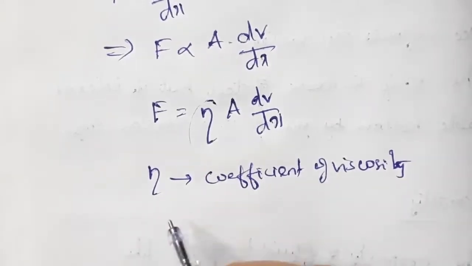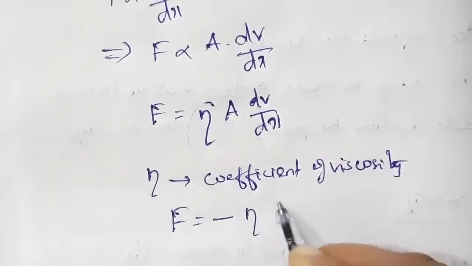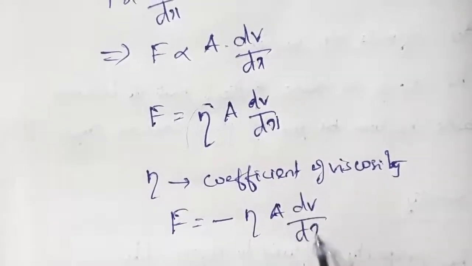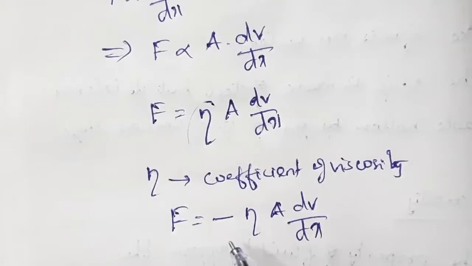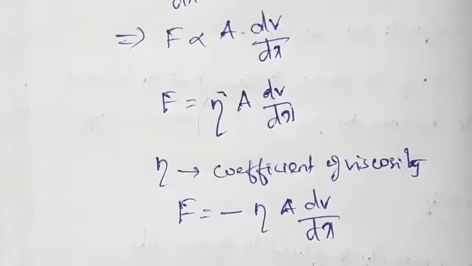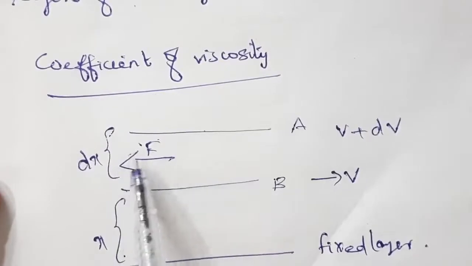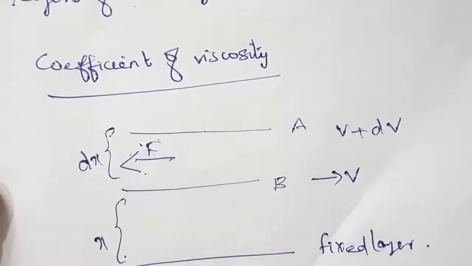When you are writing this force, actually we have to put a minus sign: F equals minus eta A dv by dx. Why this minus sign? This is a frictional force. Always it opposes the relative motion between the layers. That's why in the diagram I have drawn the force direction in the opposite direction. This is the fluid motion, this is the viscous force.